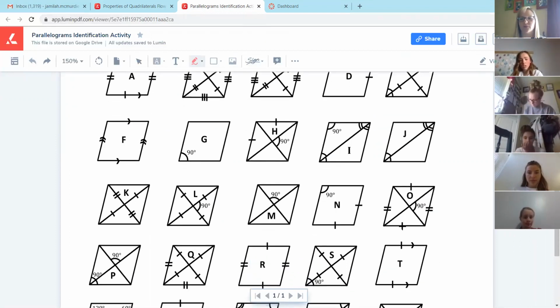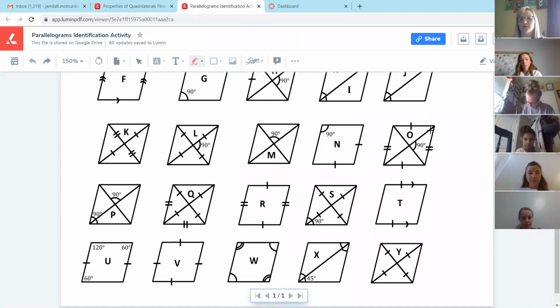Oh, okay, here we go. So O, what do these and these tell us? The opposite sides are congruent. Good. So opposite sides are congruent. That's still stuck at parallelogram. We're trying to see if there's something that makes it more specific. So now, what's the other marking that it gives us?